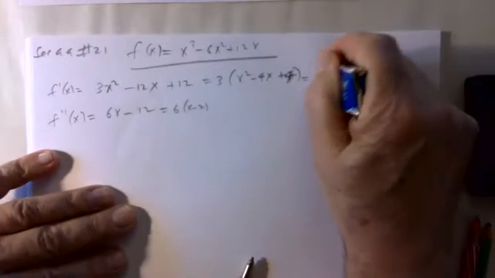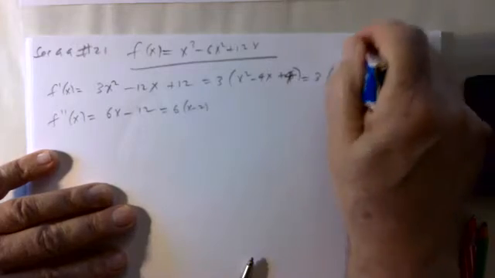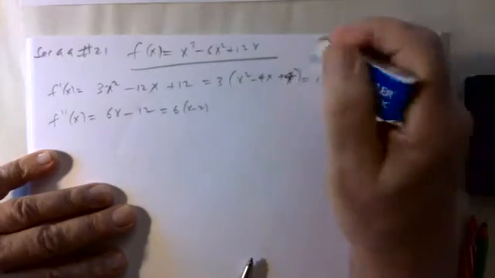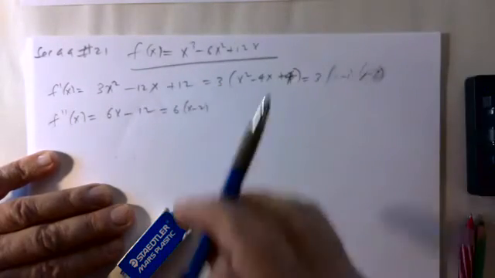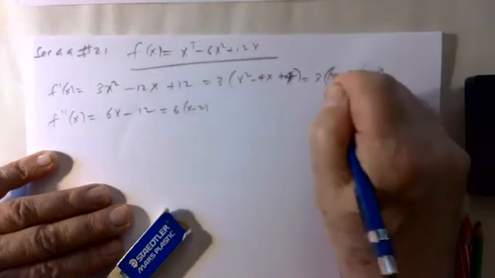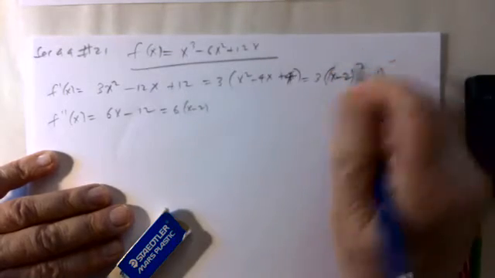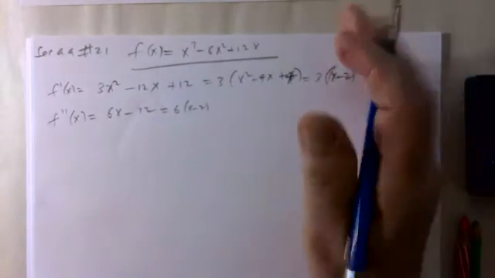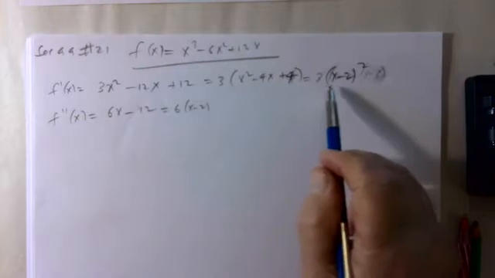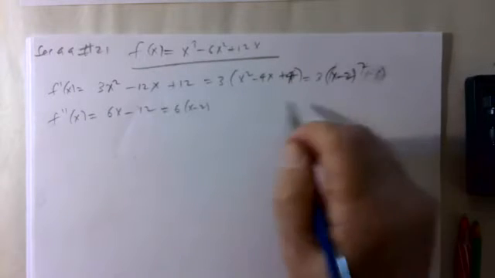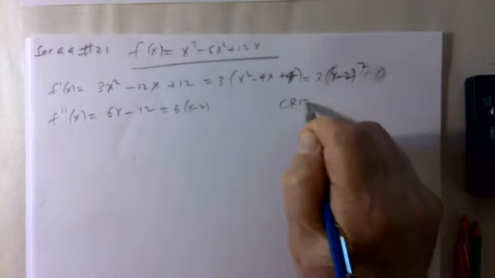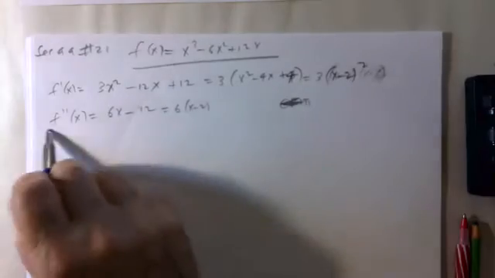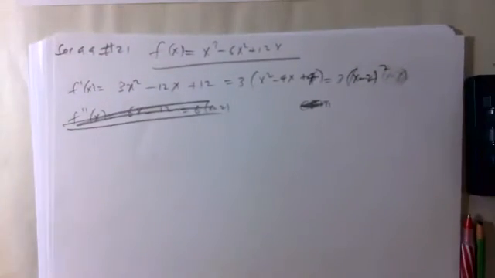So 3x squared minus 12x plus 12, factor out 3, x squared minus 4x plus 4, 3 times x minus 2 squared. So that's the first derivative.